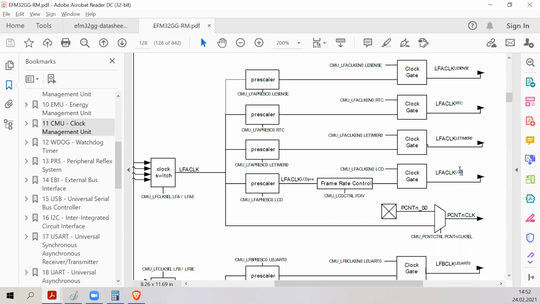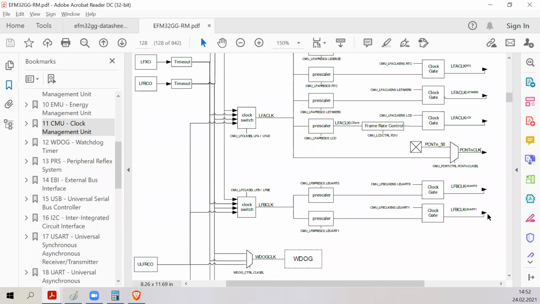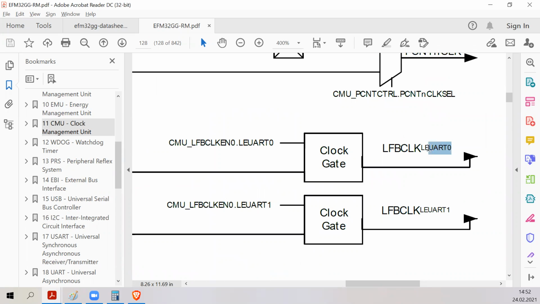And also, if you have liquid crystal display, and in our development kits, we actually have LCD, you can also have LCD running even with the microcontroller sleeping in low energy mode, and also pulse counter. So these are the low energy things, and also low energy UART 0 and 1, they also can run at low frequency, but their maximum data transmission speed is also limited to just 9,600 symbols per second.